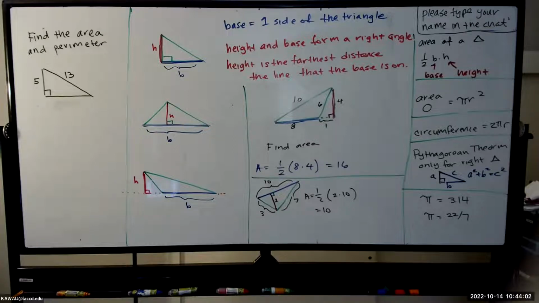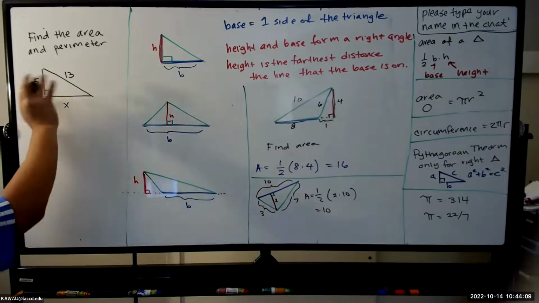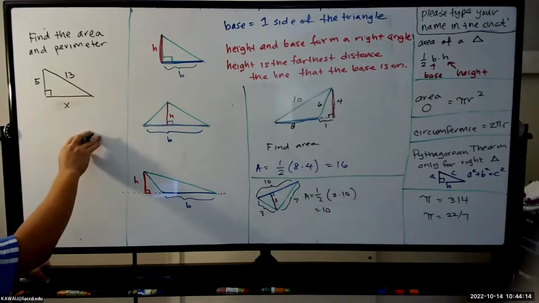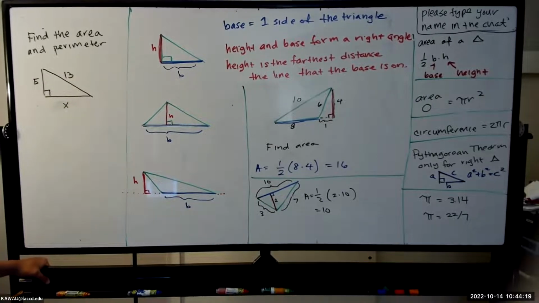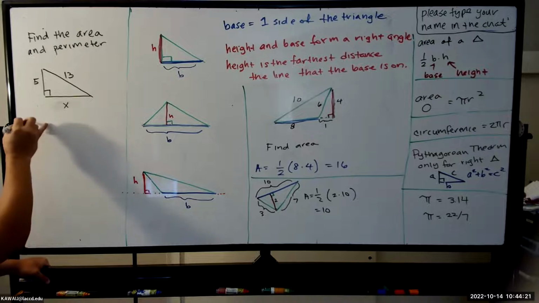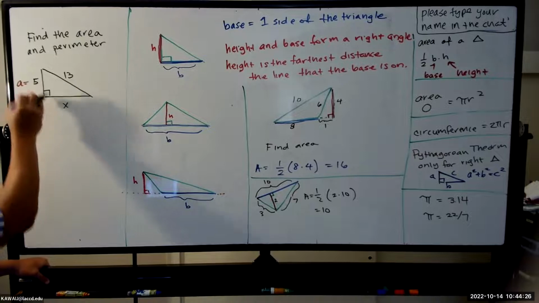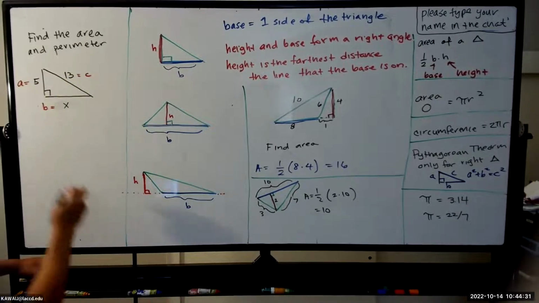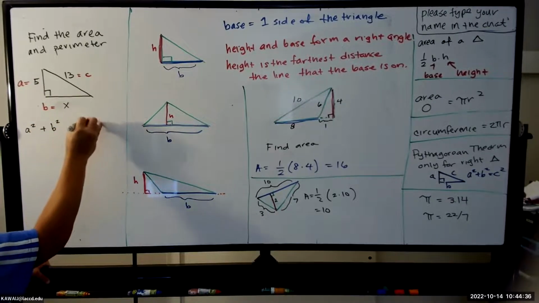Okay, so let's look at this. So we want to know what X is. Without knowing X, we can't know what the area and perimeter is. Okay, so even though they didn't make it look like a Pythagorean theorem problem, it's a Pythagorean theorem problem. So we'll call this A, we'll call this B, and then we'll call this C. Okay. So we have A squared plus B squared is equal to C squared.